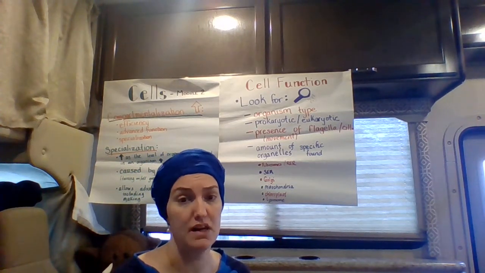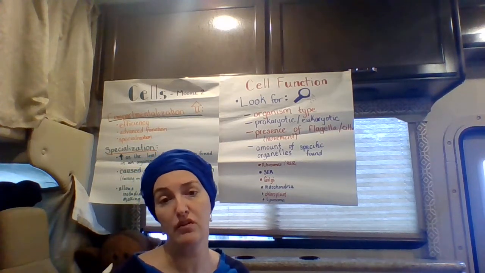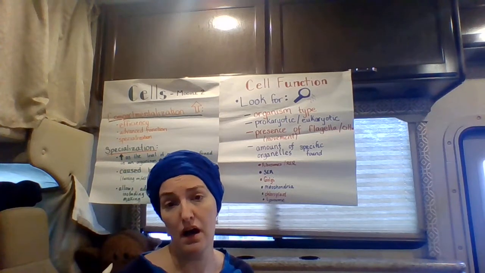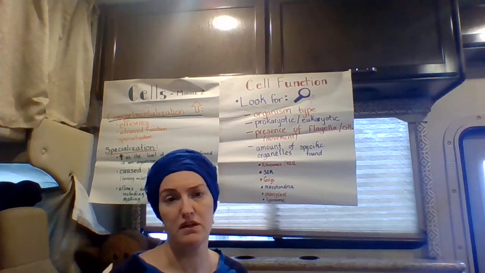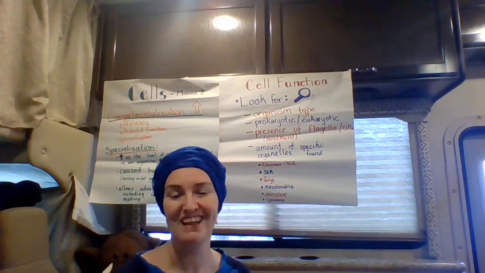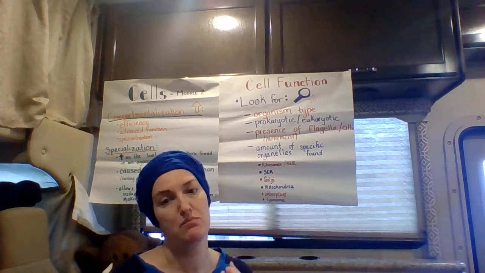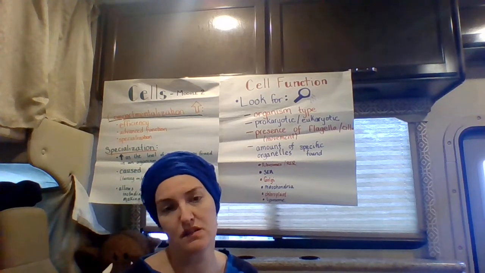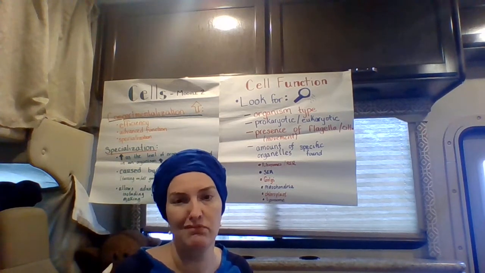So something with a lot of lysosomes is probably something that's going to be bringing in a lot of material from the environment. So thinking about a white blood cell, for example, that takes in invaders of various sorts and then breaks them down inside their cells, we'll be looking at lysosomes.